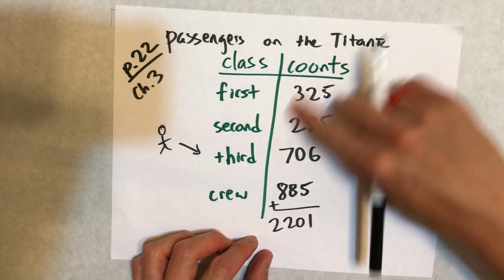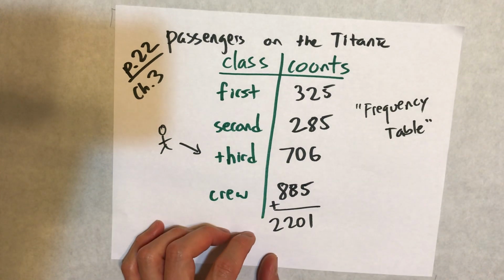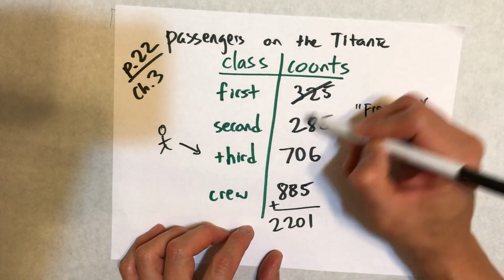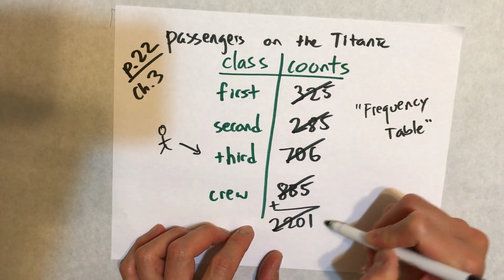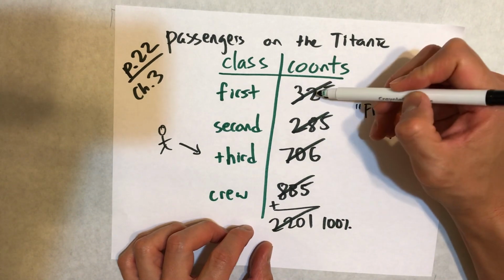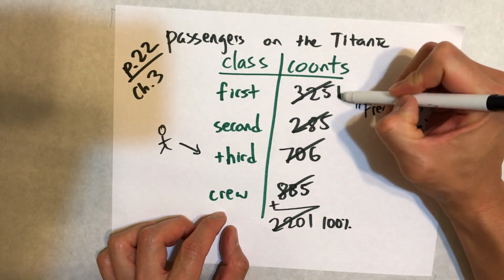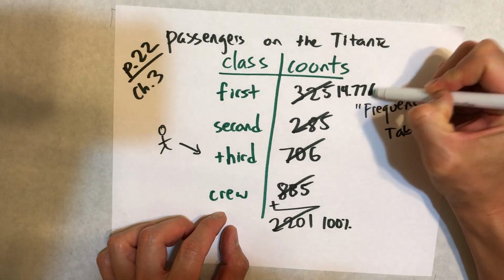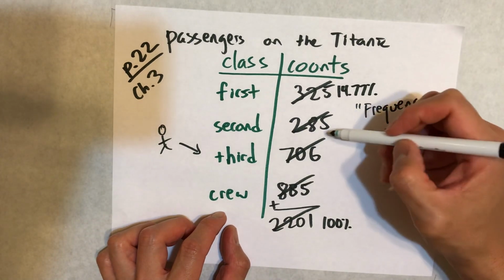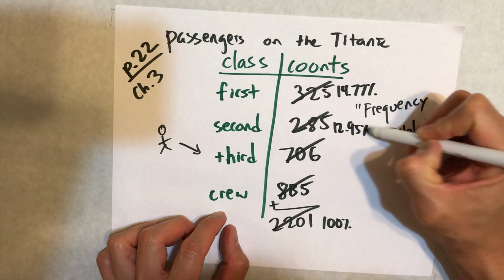Now, these numbers are good, but these numbers are very, very large. And what if I want to deal with percentages? What if I wanted to know what percentage of 2,201 is 325? So you'll see in your textbook it's 14.77%. Okay, and what if we change this to percentage? 12.95%.